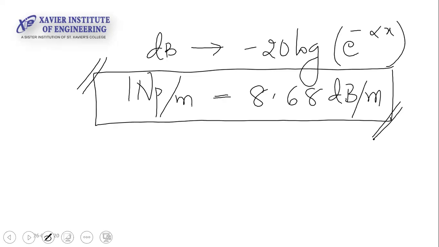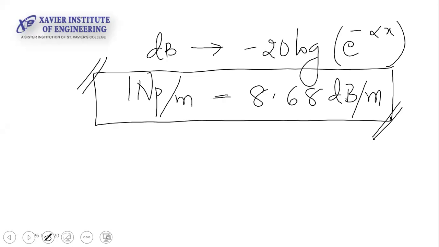Invariably, we can also say that as the frequency increases, the attenuation constant goes on increasing. That is the reason the same structure which works very satisfactorily at low frequency becomes more and more lossy as you go to higher frequencies.